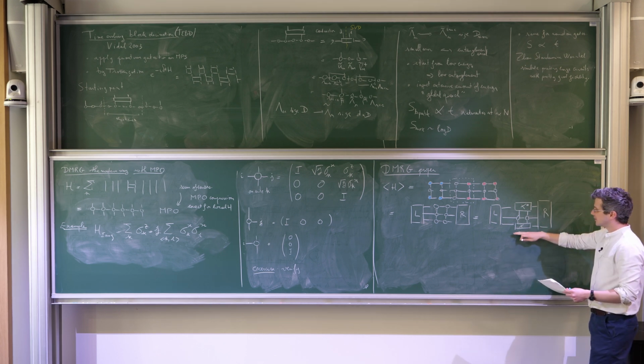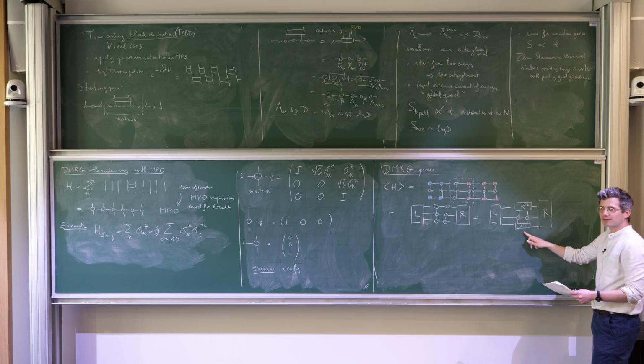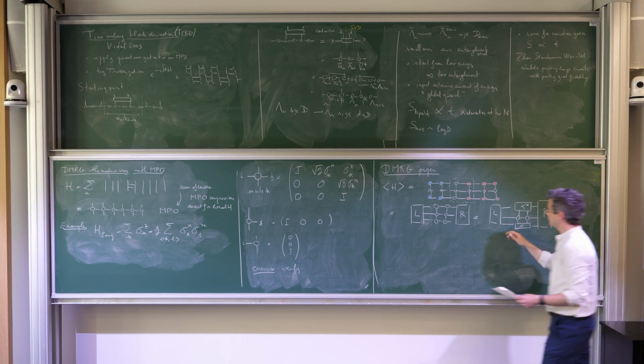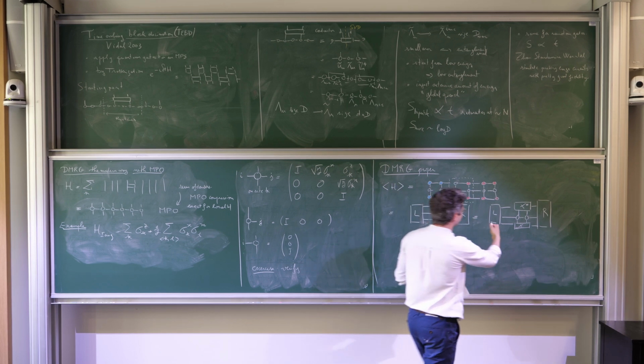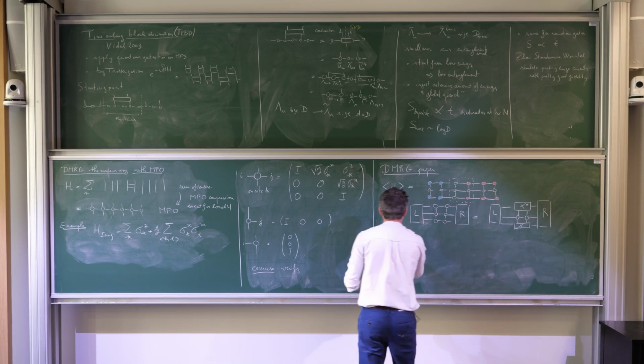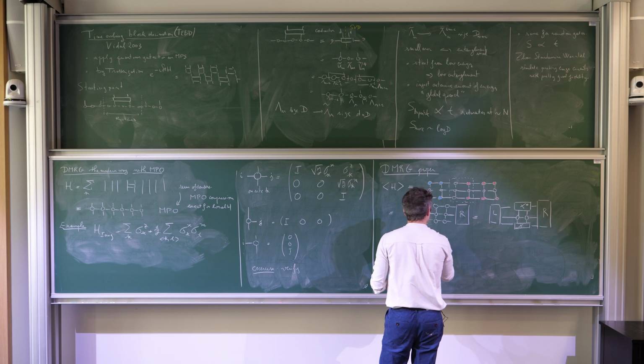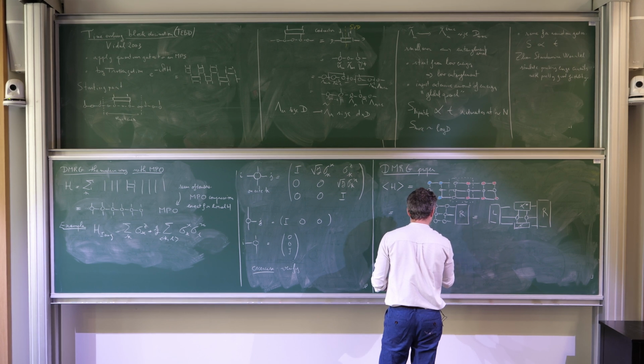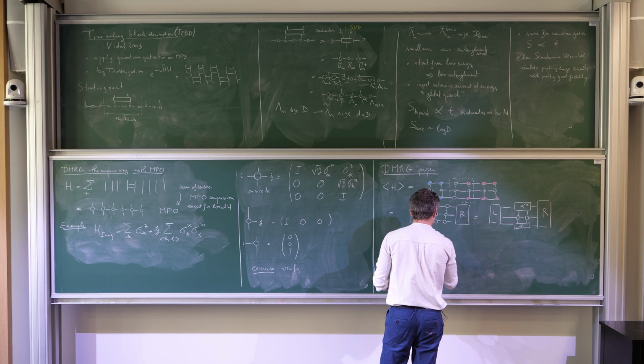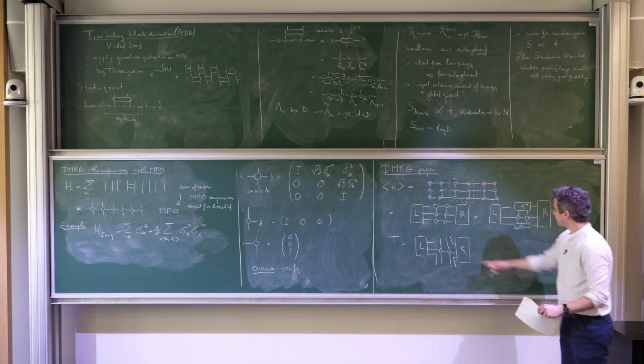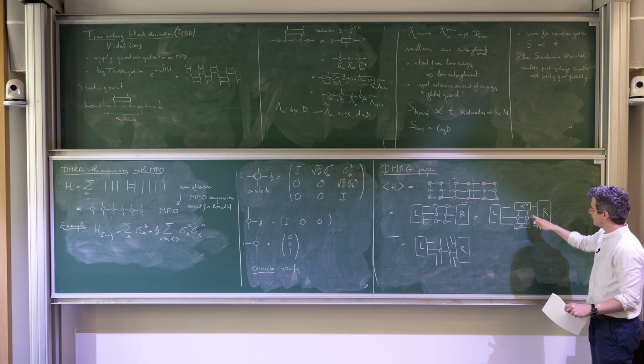And now, what is crucial is that this is a quadratic form. So you have this map now, T. Now you see this map appears here.